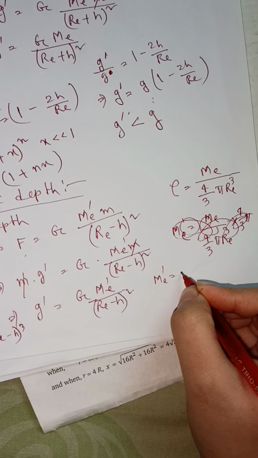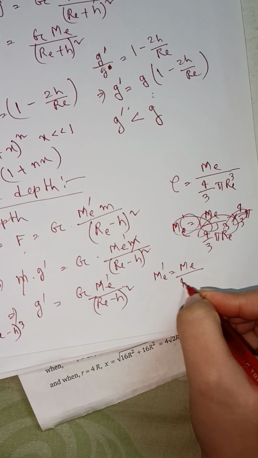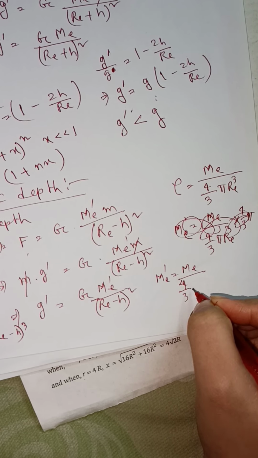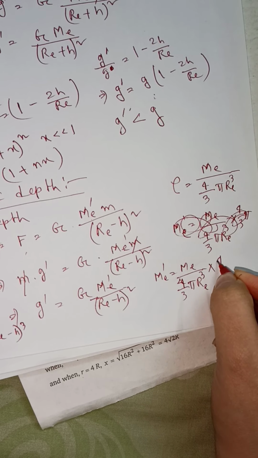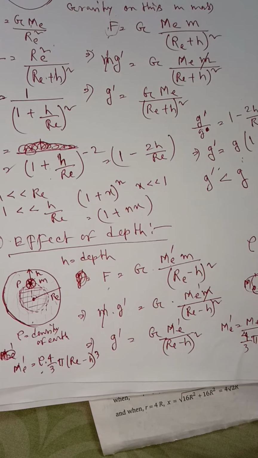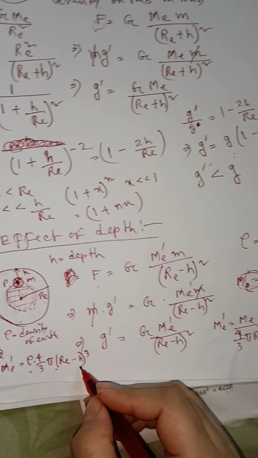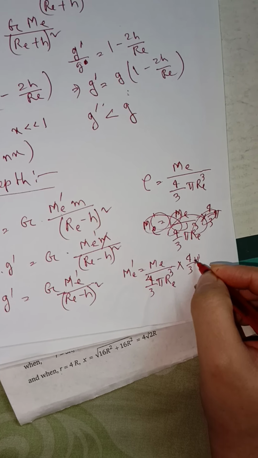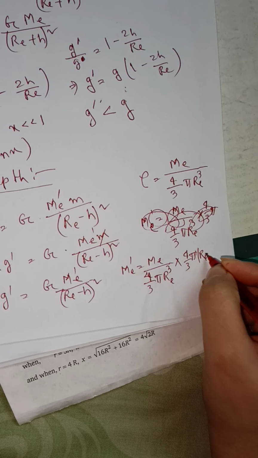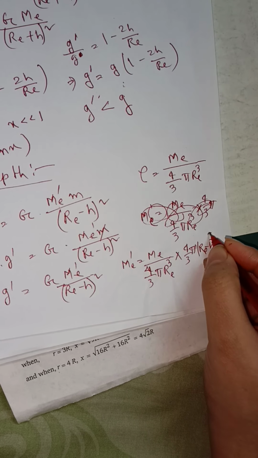ME dashed equals ME by 4 by 3 pi RE cube into 4 by 3 pi (RE minus H) cube, right?